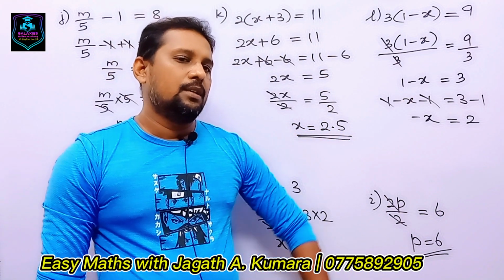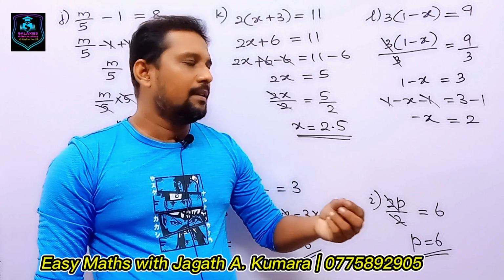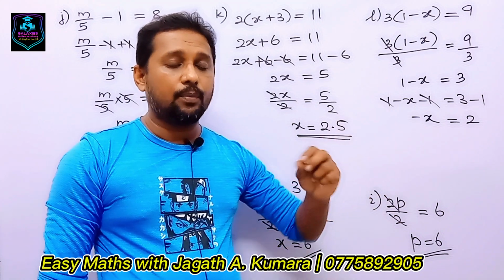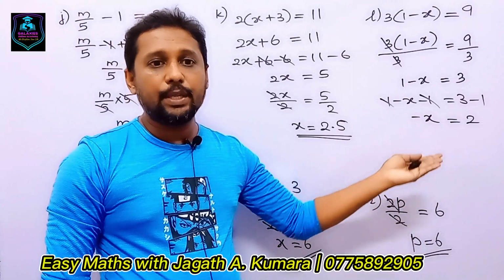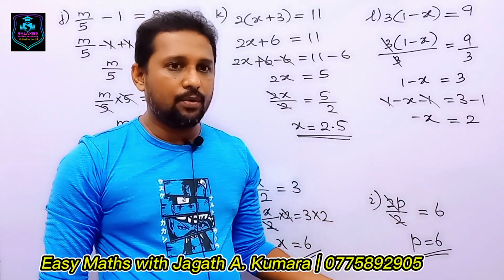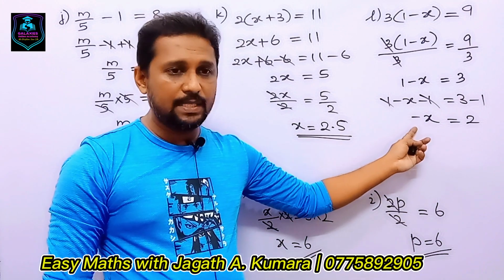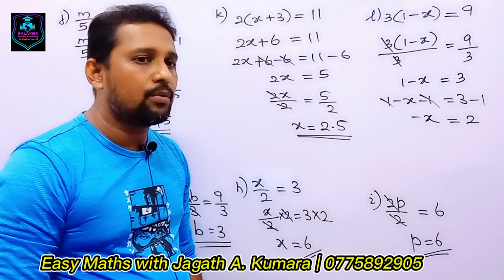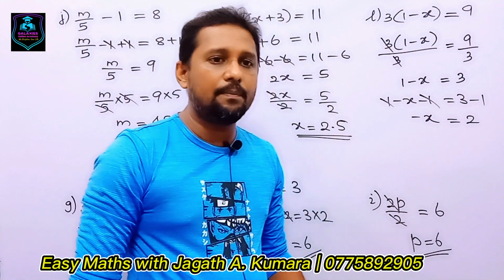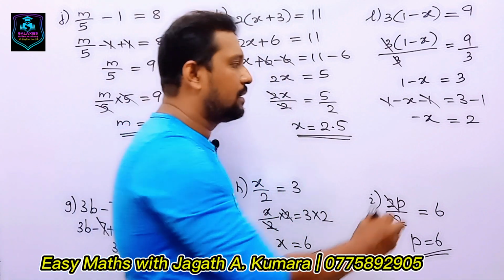Right? Solution means you have to find the positive x value. But this one we received negative x value. So what you have to do? What's the coefficient of this one? Negative 1. So both sides now you have to divide, no? Divide by negative 1. Right?